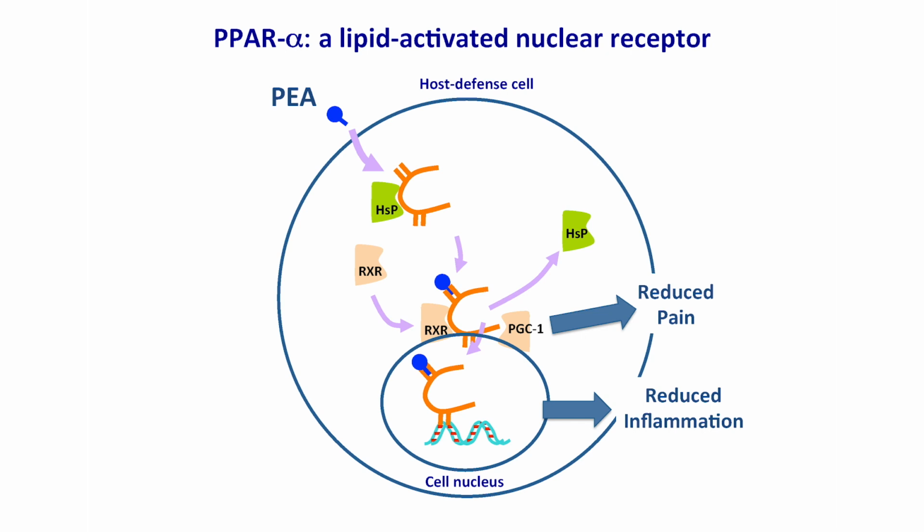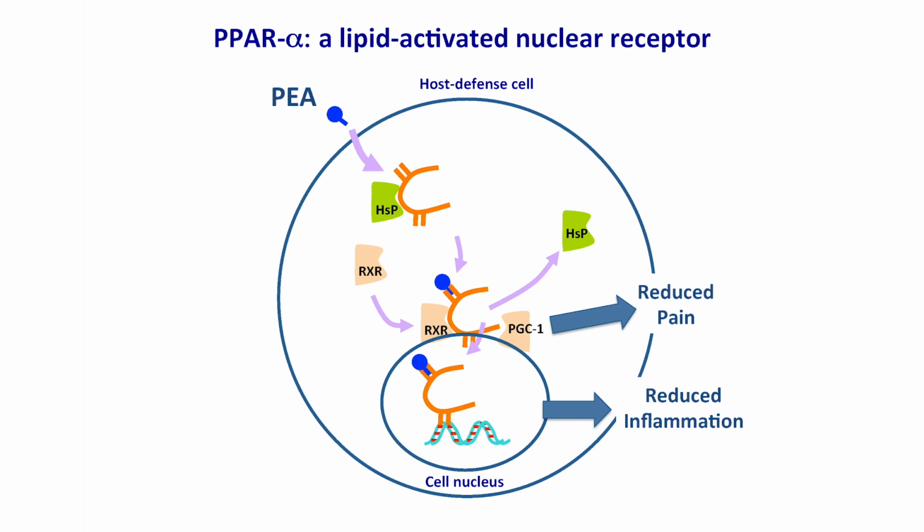When PEA comes in, it binds to PPAR-alpha, and a couple of different things happen. The heat shock protein sheds off, and the receptor binds to another receptor called RXR and a series of proteins called co-activators. This particular protein here is called PGC1 alpha.